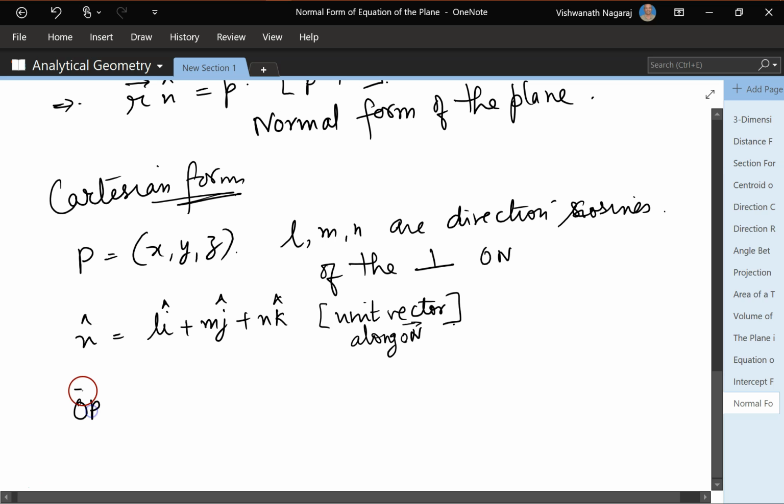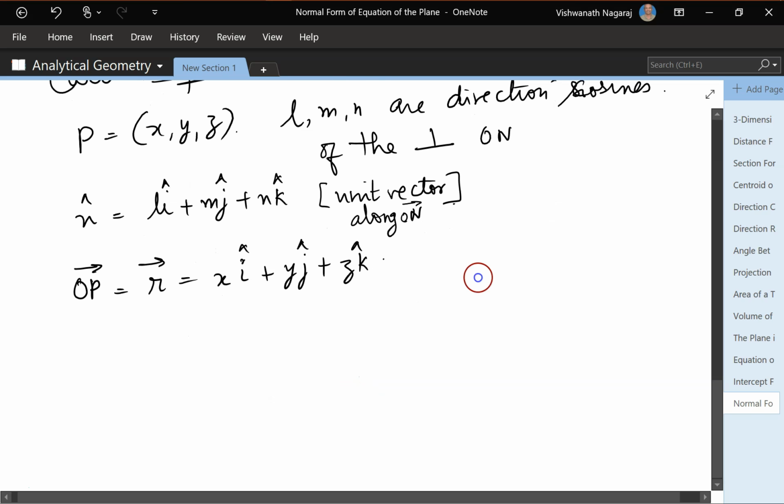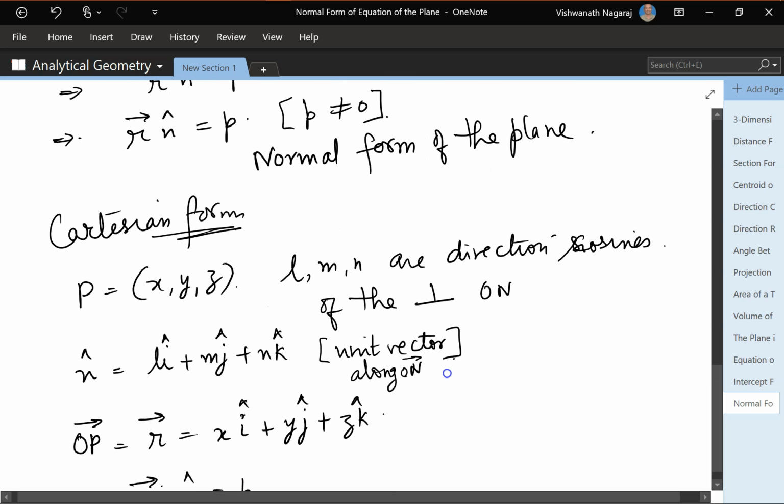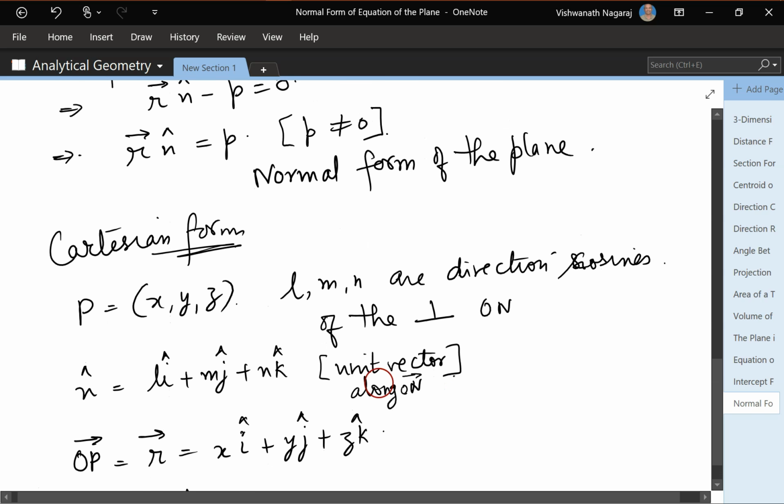Now OP, which is R, is equal to x i plus y j plus z k. If we look at the diagram, we know the normal form equation, R dot n cap equal to p. We just derived it.